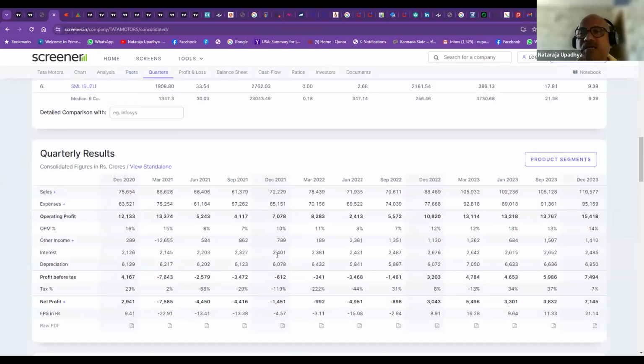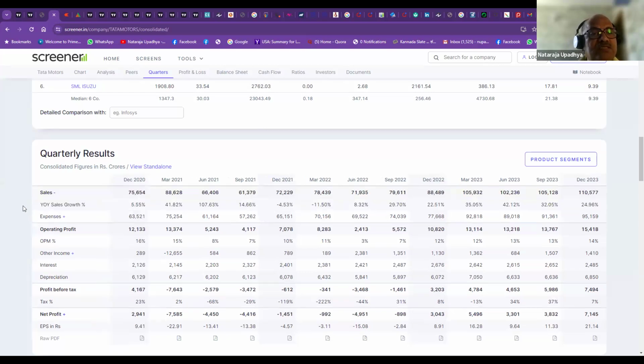Next section is quarterly results. So we saw a simple statement earlier. Here, the sales are given on a quarterly basis from December 2020 to December 2023. So from 75,000 crores, it is 110,000 crores. Now, there are more details.